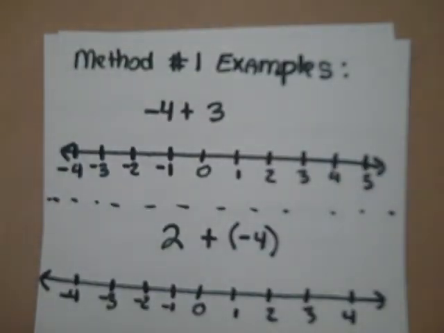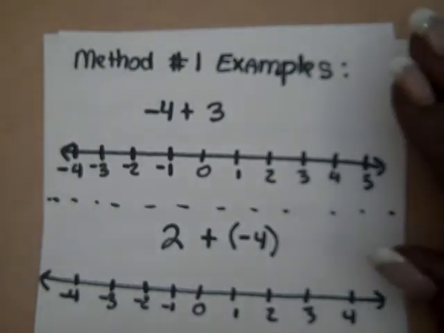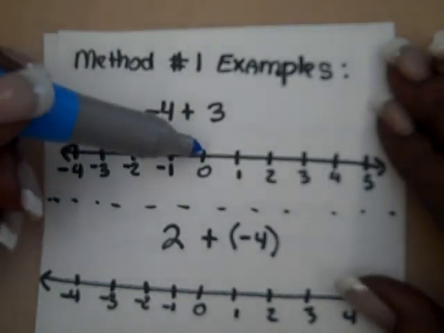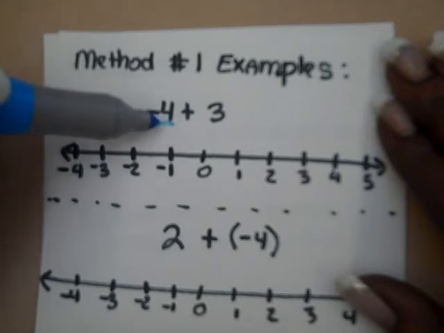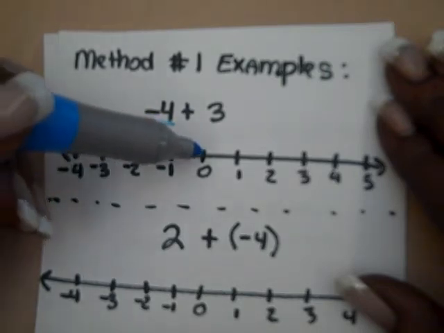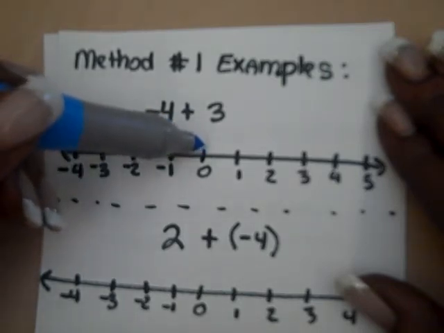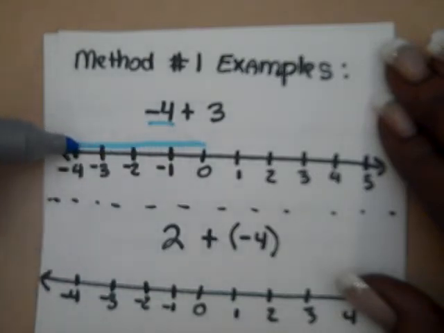So what we have here is a couple of examples that we'll work out. The first example, -4 plus a +3. Remember, you're going to begin the model at 0. And since the first integer is a -4, that means from 0, we will move over to -4.